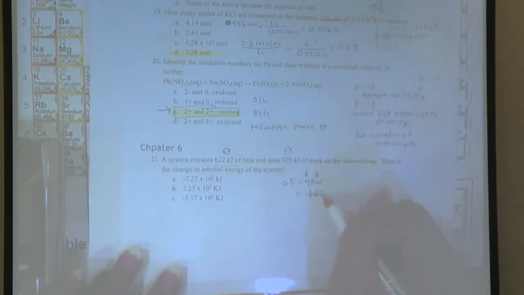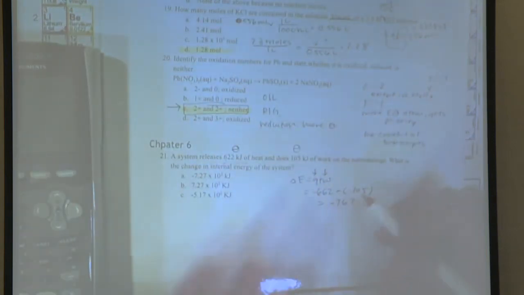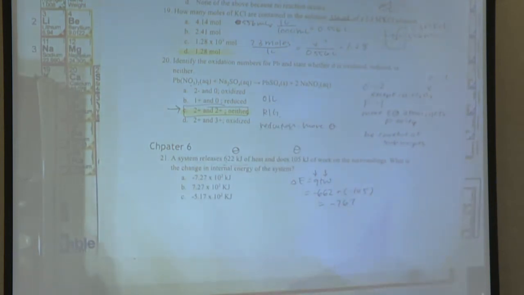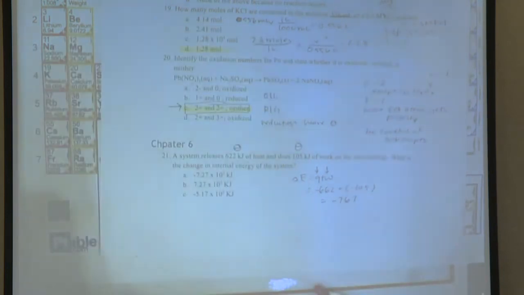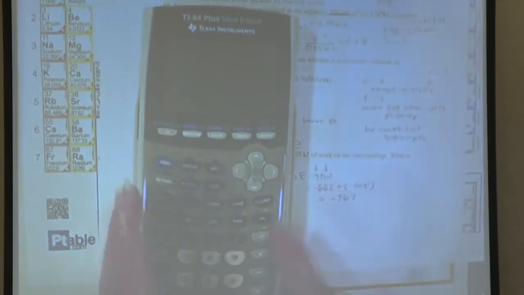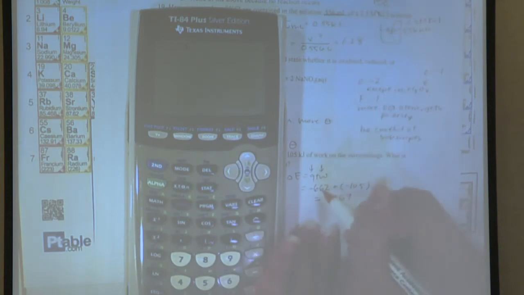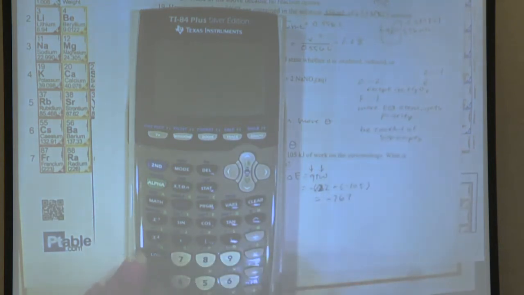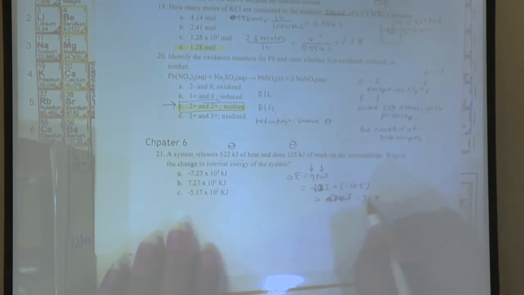Negative 622 plus negative 105, right, is going to give you negative 727, and that is going to give you this guy.